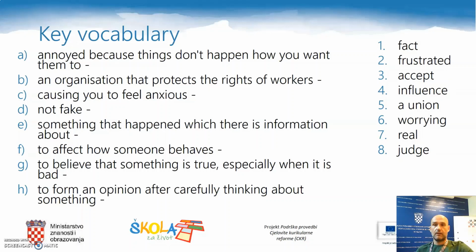Another vocabulary practice. You have the 8 terms on the right, and you have to connect them with their definitions on the left. So if you're annoyed because things don't happen how you want them to, you feel frustrated. An organization that protects the rights of workers is a union.